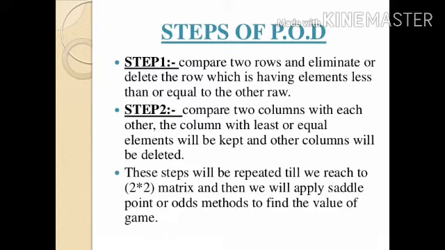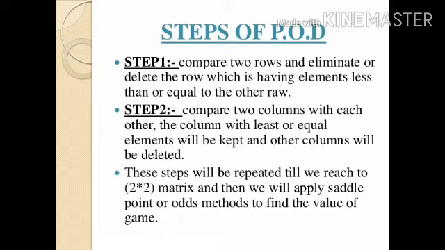The next one is the dominance property for a column. Here the same rule applies but opposite. When all the elements in a particular column, for example column X of the payoff matrix, are greater than or equal to the corresponding elements in another column Y, then column X is dominated by column Y. So delete column X from the payoff matrix.